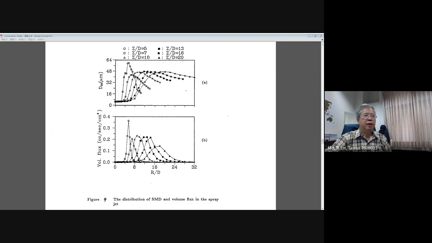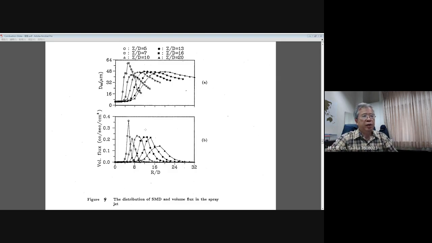Later, at the end of the measurement, Z divided by D equal to 20 injector diameters, you can see the size distribution extends to a very large area, covering a large region downstream of the spray.